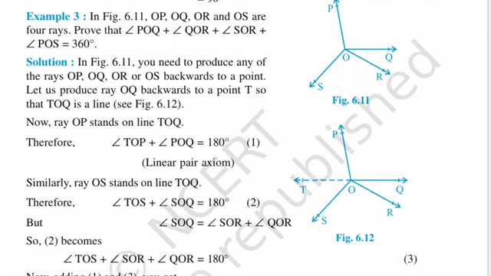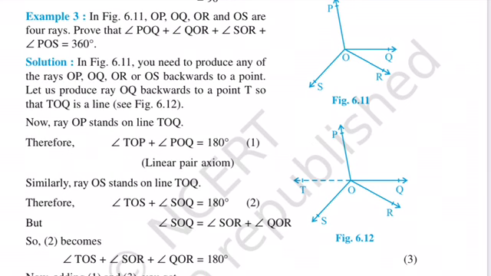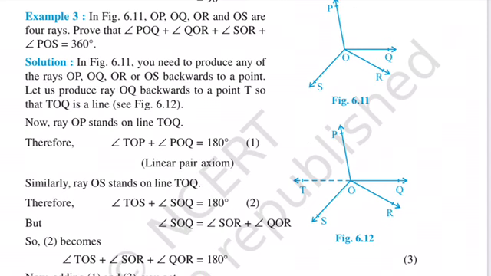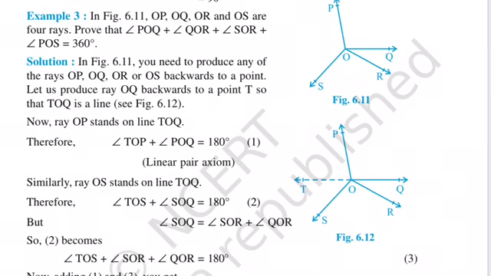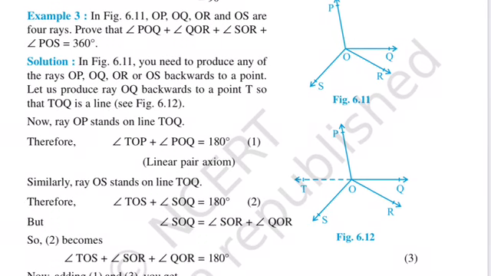But here in the solution, we are going to produce which ray? OQ. When we produce OQ backwards up to the point T, it forms a straight line. And this straight line is POQ. Now look in the figure very clearly.